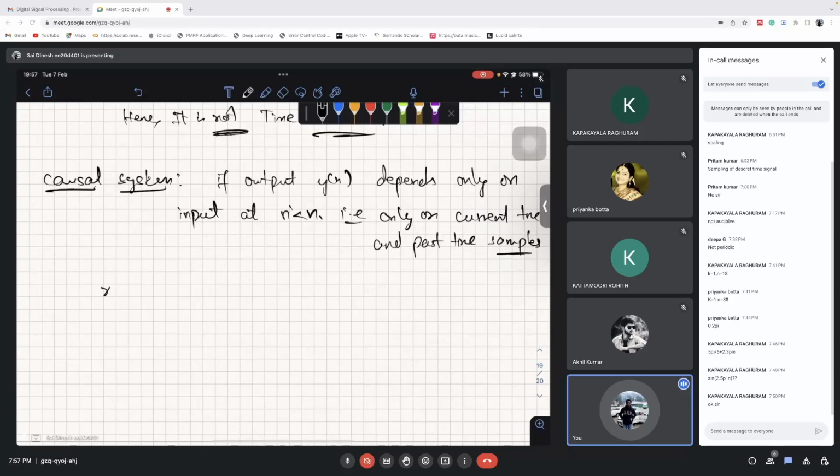So if you see here, y of n is equal to x of 2n minus 1. Is this causal?